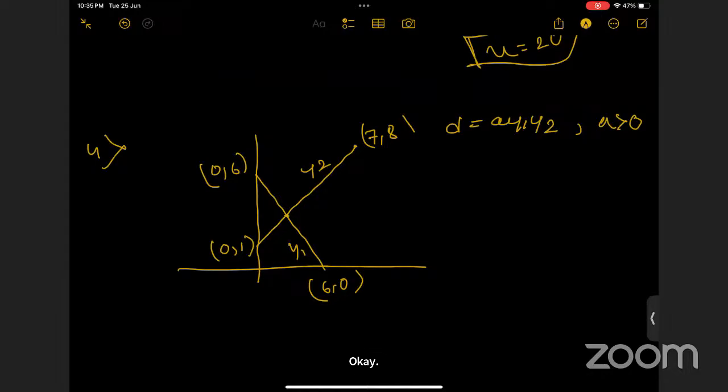So this is the point of intersection. This is the amount of plastic, and this is our y-axis.